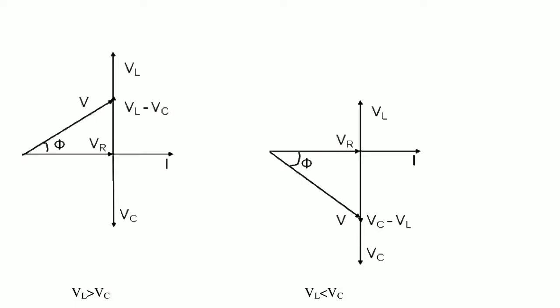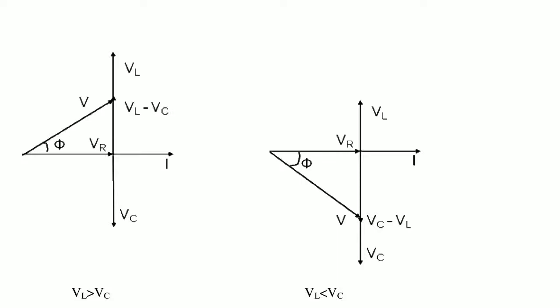In the x-axis, VR and I. If we take VL as maximum, that means the XL value is more than the XC value, so we get the VL value more than the VC value. So in the first case VL is more than VC.